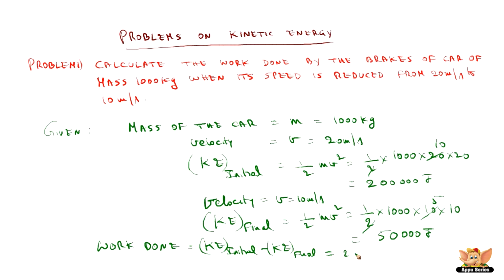So 200,000 minus 50,000 gives 150,000 joules, which is nothing but 150 kilojoules. That is the work done. Now we'll see problem 2.